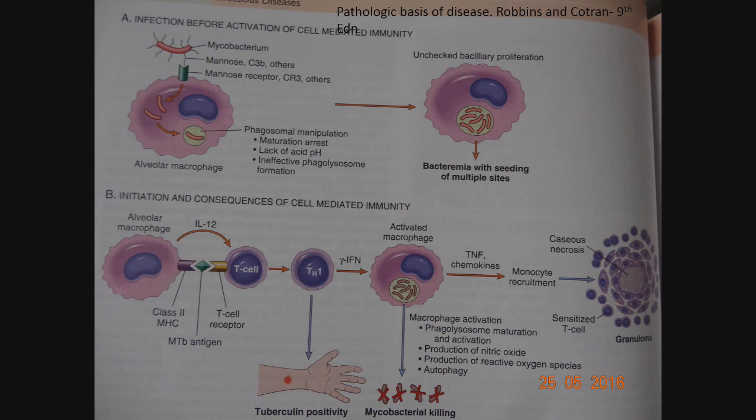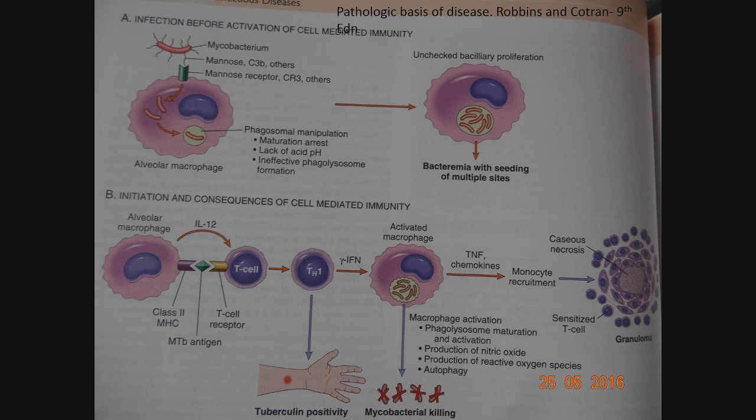When the bacteria enters, it spreads through the respiratory tract as an airborne infection. Then it comes across the alveolar macrophages. But this bacteria has that special property, so it is phagocytosed and is within the phagosome, but it blocks the fusion with the lysosome.